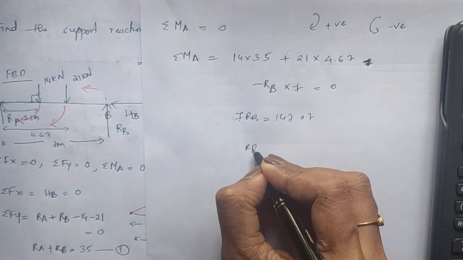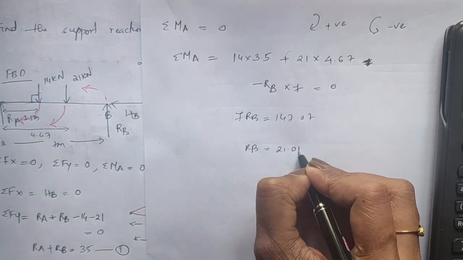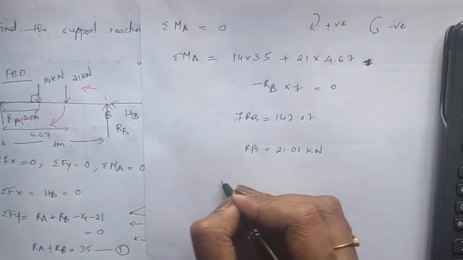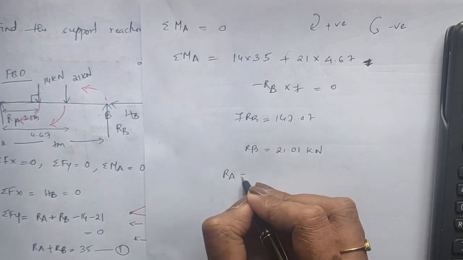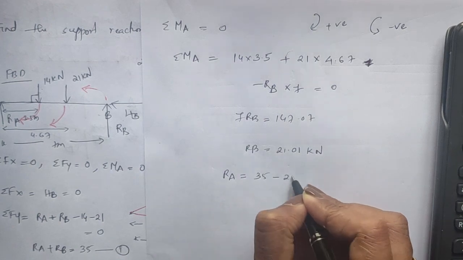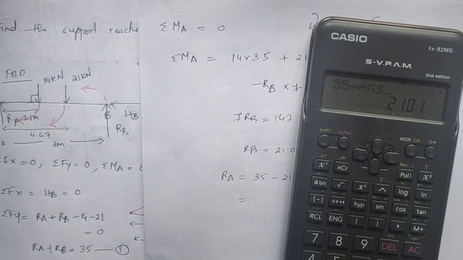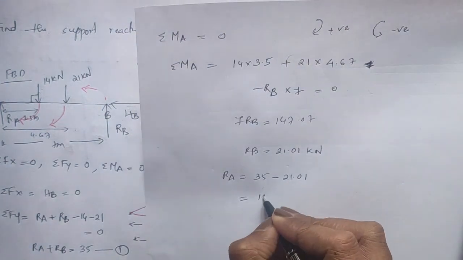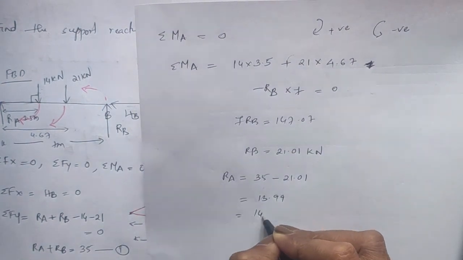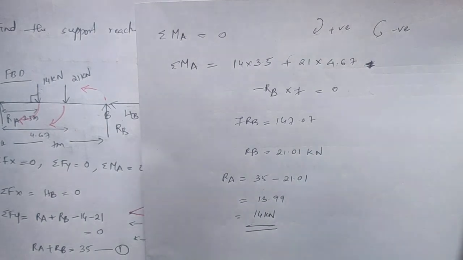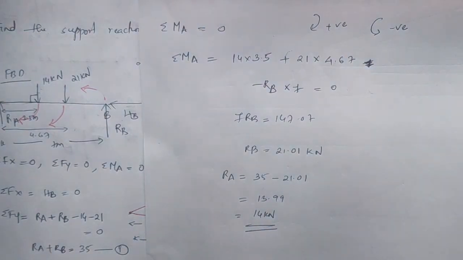So you get RB is equal to 21.01 kilonewton. From equation number 1 we get RA is 35 minus 21.01, that is 13.99, or you can write 14 kilonewton. So you got the values of RA and RB like that.